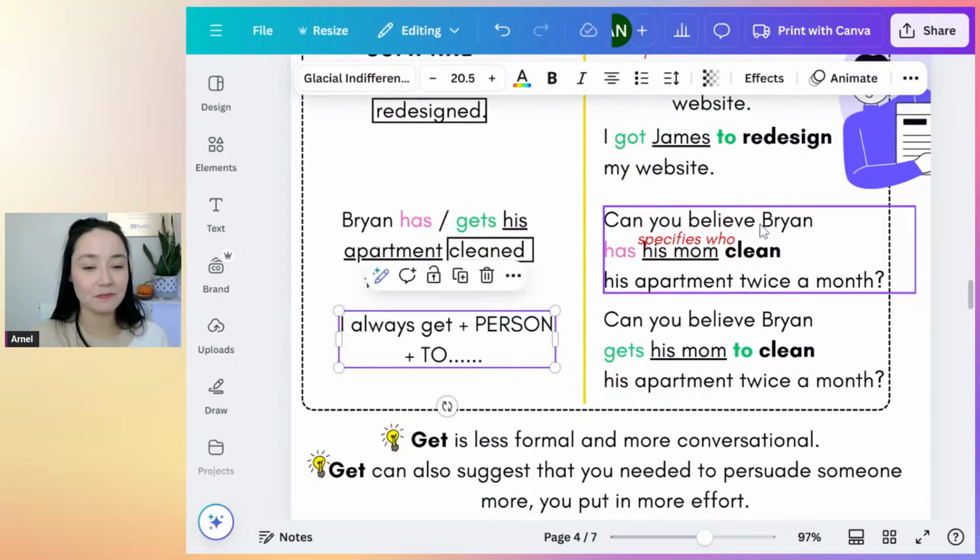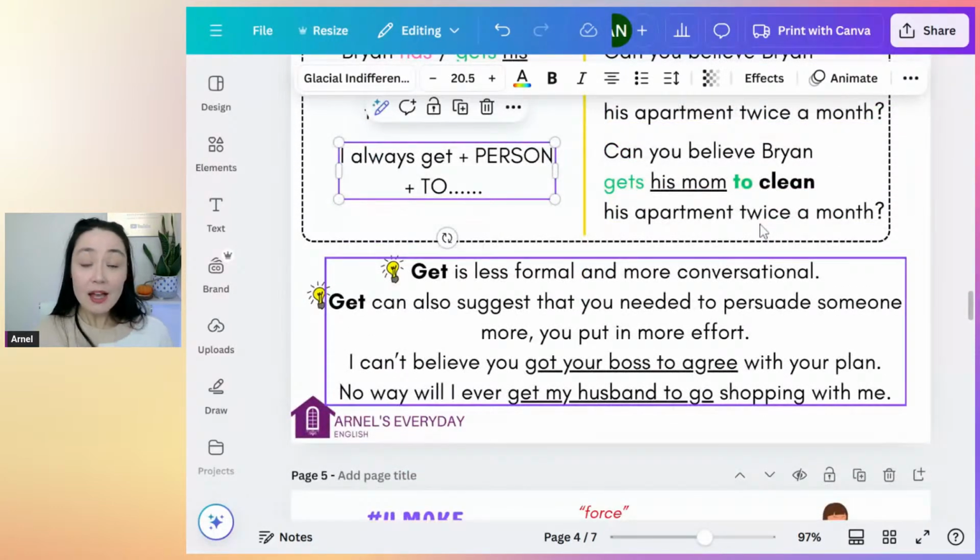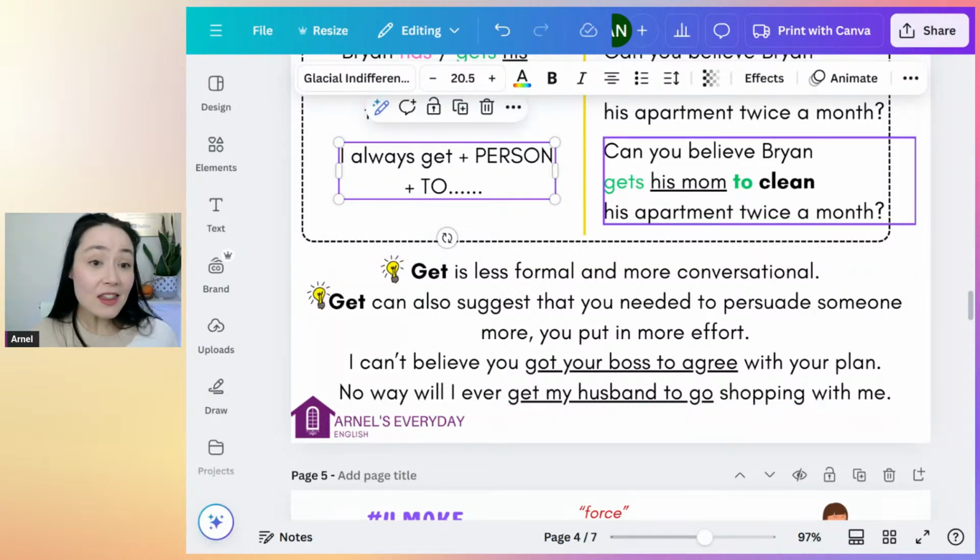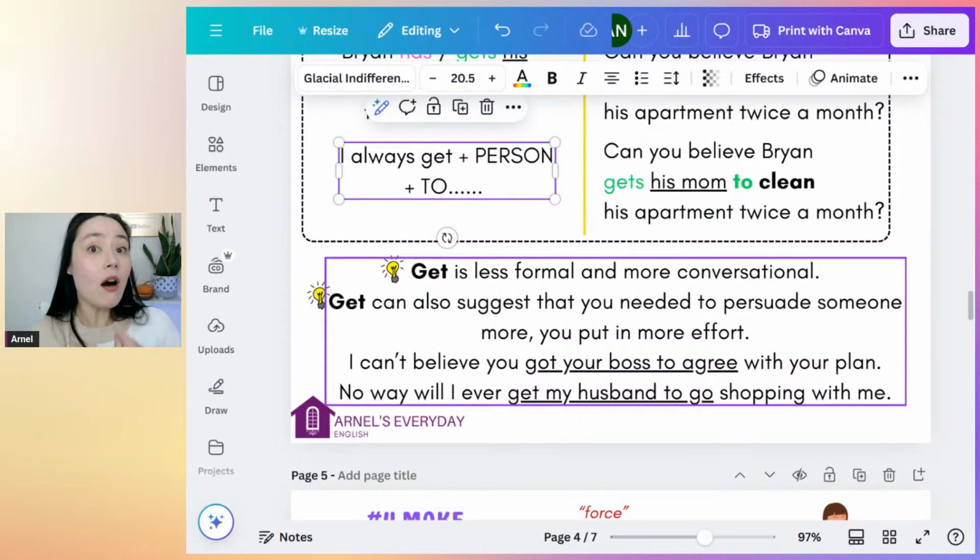Okay, let's keep going. I've already explained that get is usually less formal, but there's another point here. Get is less formal and more conversational. It's more casual. In this case, get can also suggest that you needed to persuade someone more. You put in more effort.